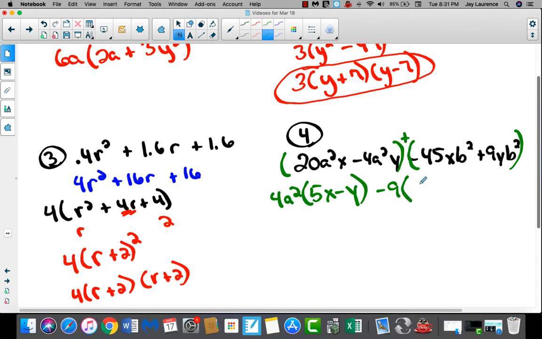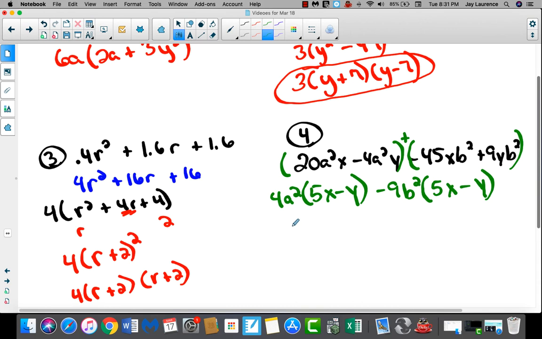Do you see it? Okay, and that's going to leave me with, I didn't get the whole GCF there. Sorry, I got the GCF of the coefficients, but it looks like there's a b squared that's common to both terms. So I'm going to factor out a 9b squared. Okay, and that'll leave me with a 5x minus y. Yeah, there we go.